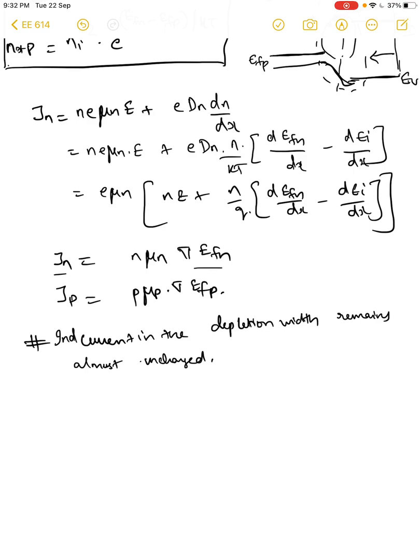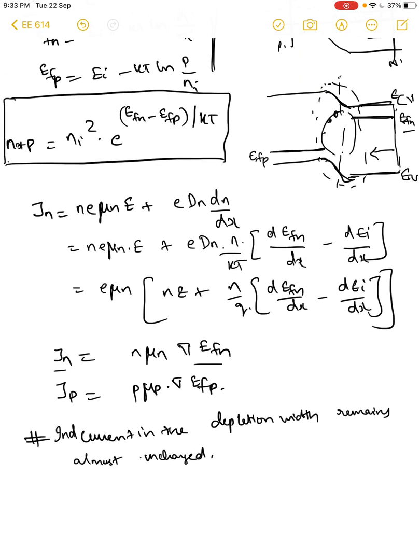Again, let me repeat, the carrier density in the depletion width can be large in comparison to the minority carrier density, and that leads to exploding current densities if you have a large gradient in the Fermi level in the depletion width. So it is this which makes the assumption that the current in the depletion width remains almost constant, which makes the Fermi level remain almost constant in the depletion width, right?